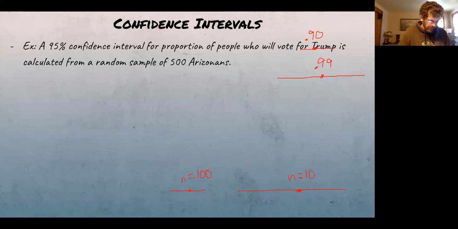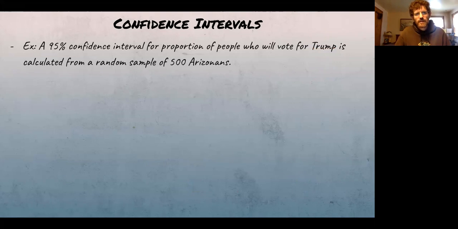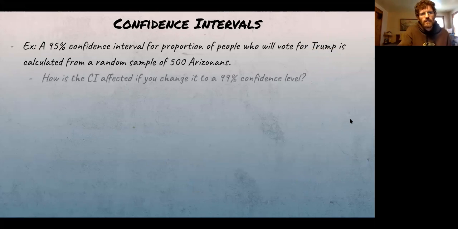Okay, we've got an example here. A 95% confidence interval for a proportion of people who will vote for Trump is calculated from a random sample of 500 Arizonans. How is a confidence interval affected if you change it to a 99% confidence level?